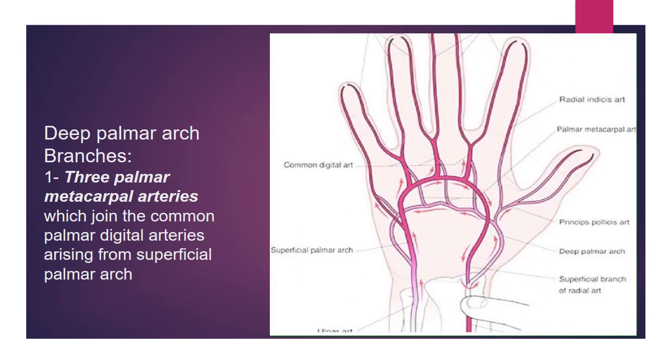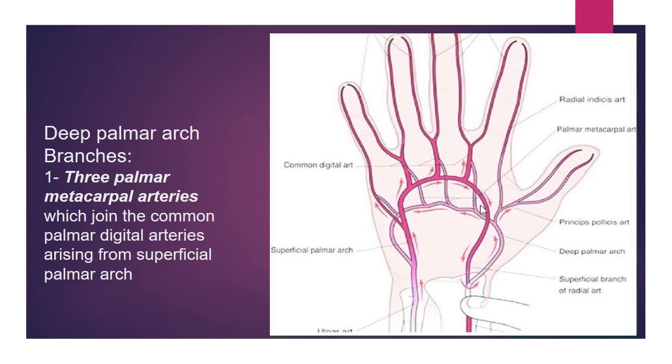Talking about the branches of deep palmar arch, this is the deep palmar arch. This light pink colored arch is the deep palmar arch. The first set of arteries which arise from this deep palmar arch are termed as the palmar metacarpal arteries.